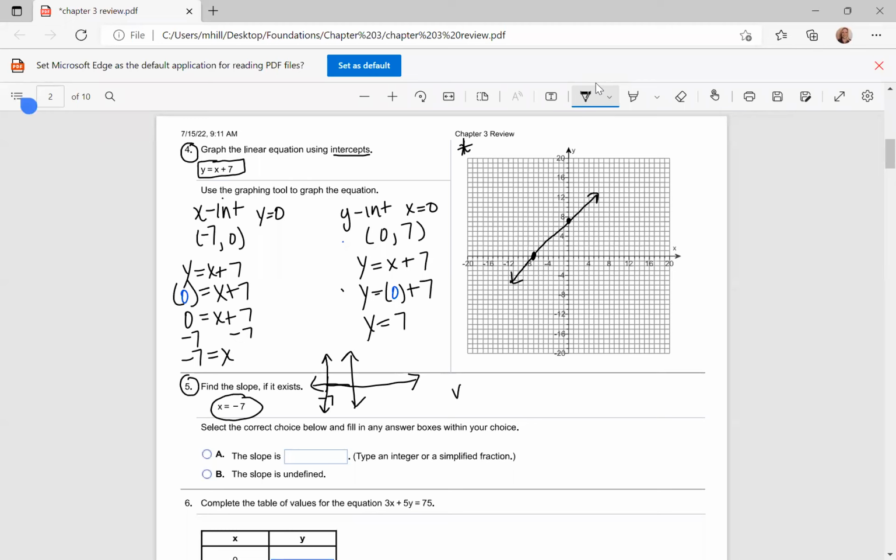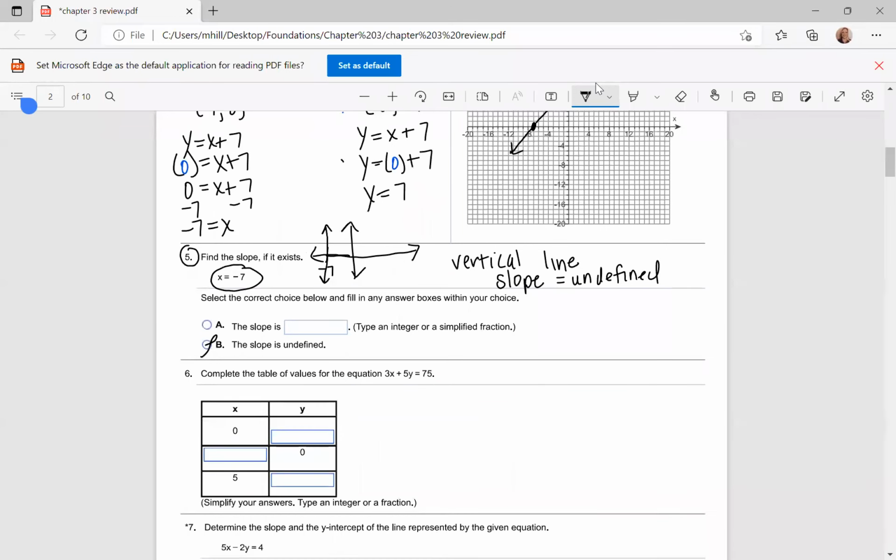When it is a vertical line like that, so if it says x is equal to a number, the vertical line, then our slope is undefined. It's a vertical line, your slope is undefined. So you want to pick B on that one.